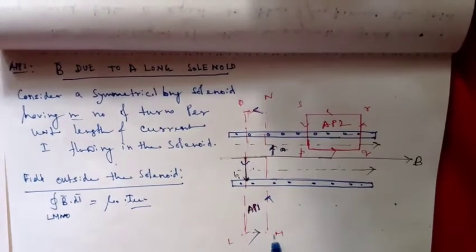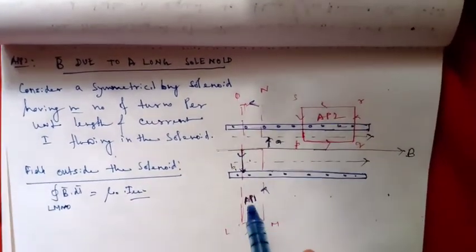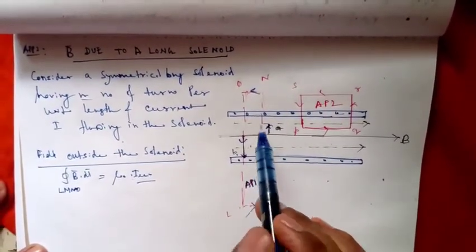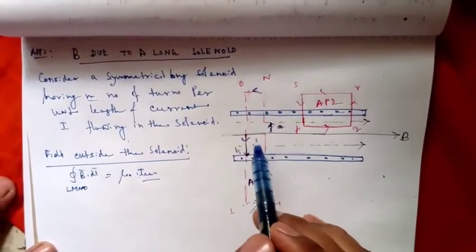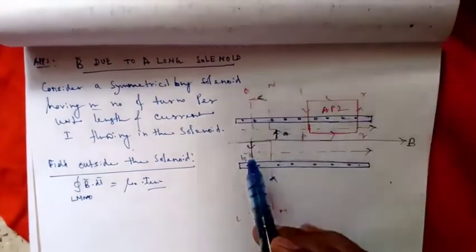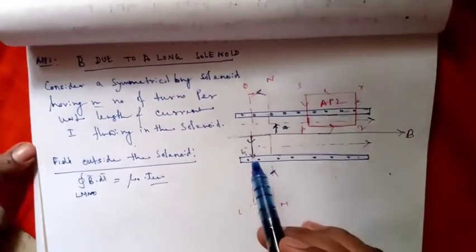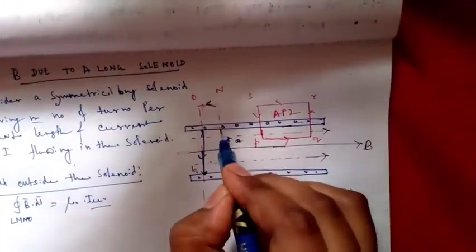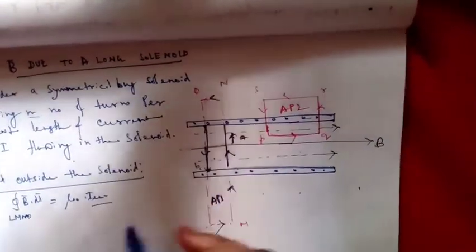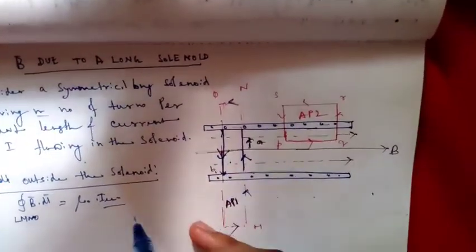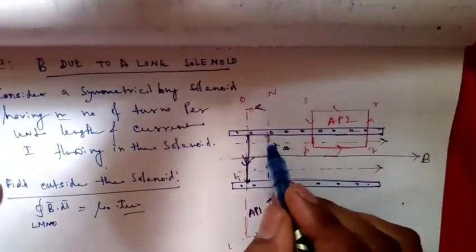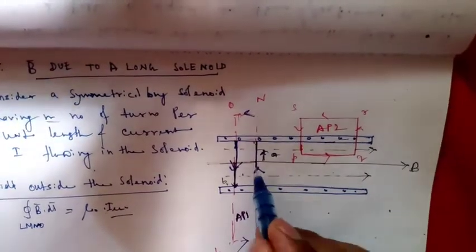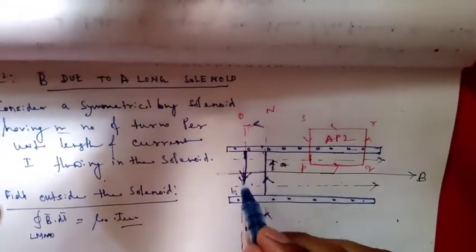This path L M N O has equal portions within the solenoid in the upward direction and the downward direction. So this portion is within the solenoid in the upward direction, and this portion is in the downward direction.